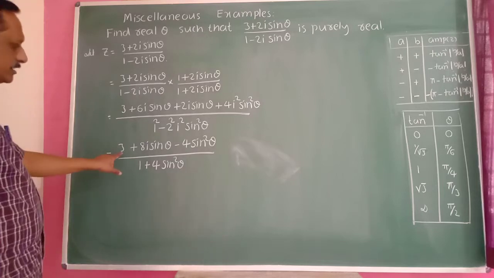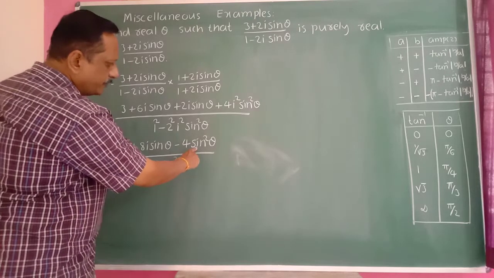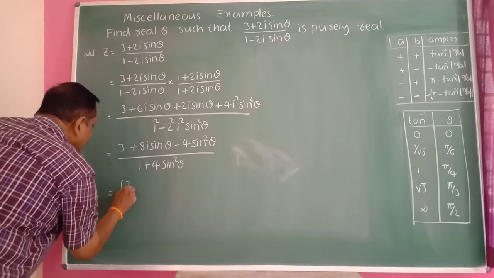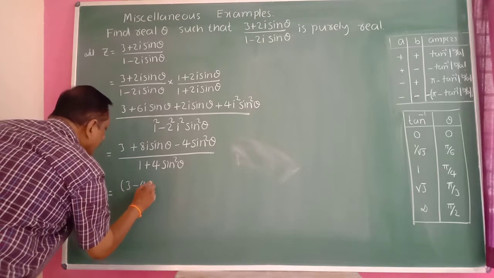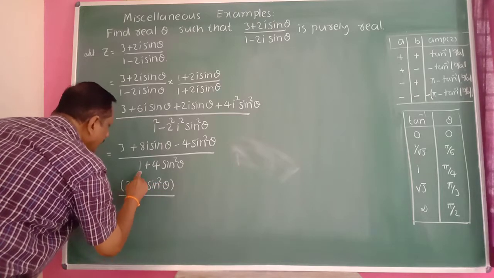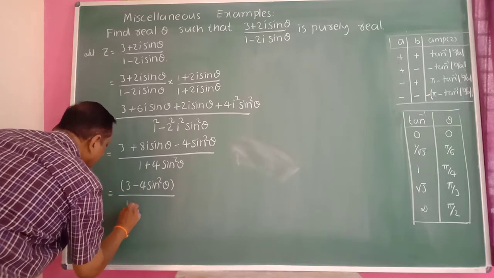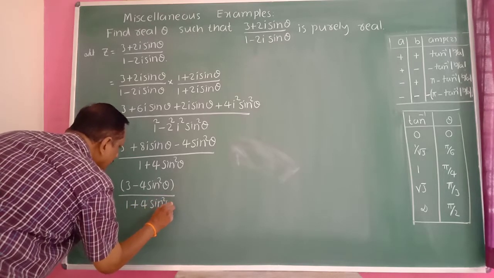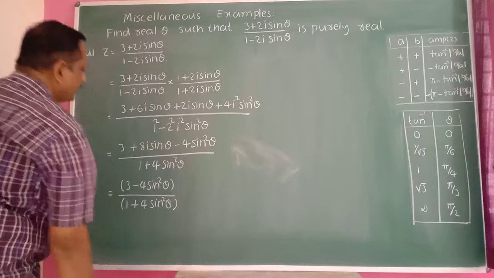So 3 is the real part. 4 sin square theta is also real part. Therefore, write in the bracket here 3 minus 4 sin square theta divided by 1 plus 4 sin square theta. It is a completely real part here.